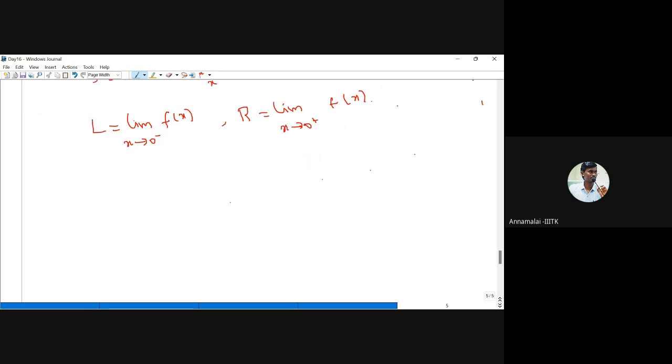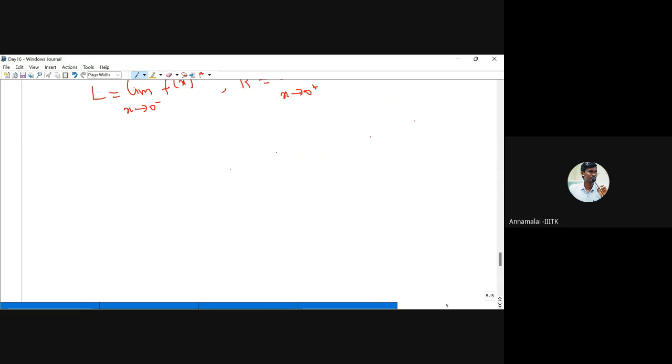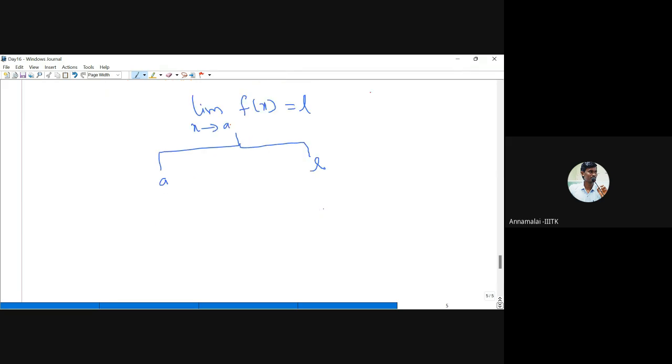Now I read some flow chart of what we discussed in the limit. Suppose we say the limit x goes to a of f of x equals L. There are two cases for a: a is finite or a is infinite.